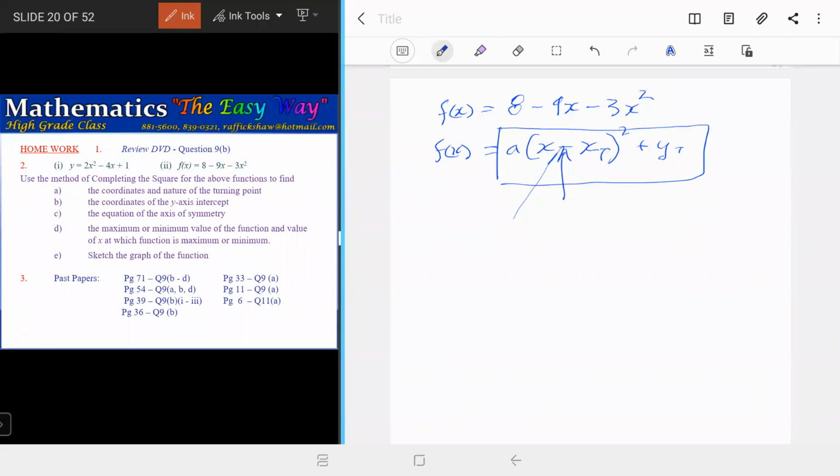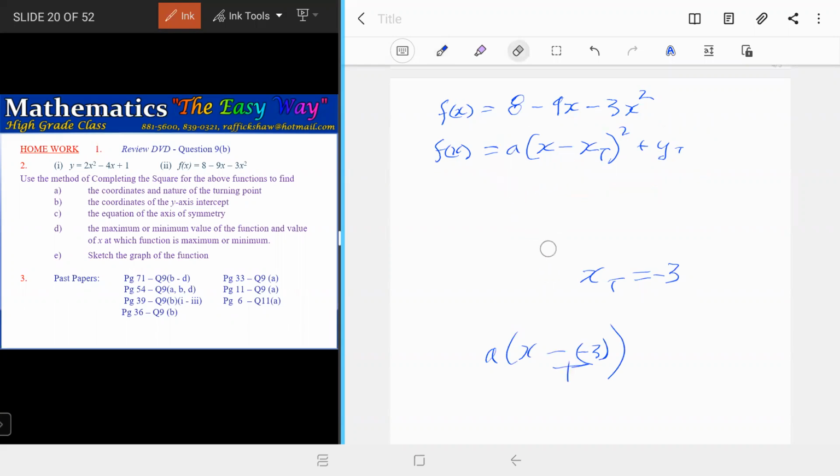Because if xt comes out to be negative, for example negative 3, then when you put in the negative 3 and you write a into x minus, and you put the negative 3 for the xt right there, the minus minus becomes a plus. So it will work itself out. Just remember to start by saying x minus xt.